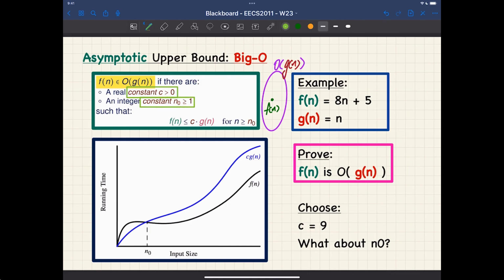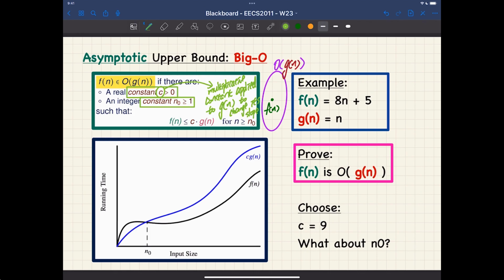Think about the c over here: it is really a multiplicative constant applied to g(n) to change its slope.